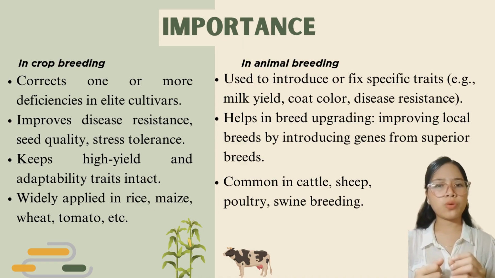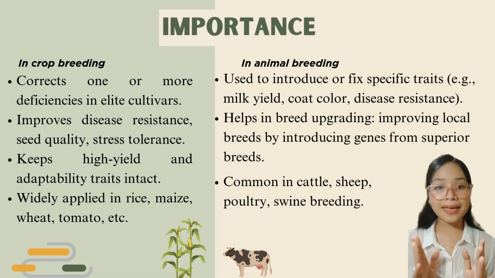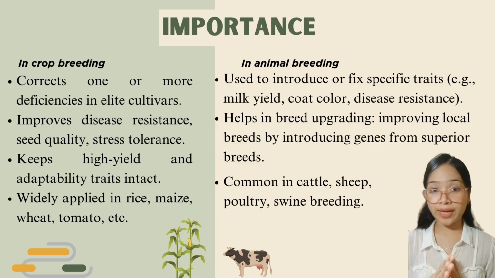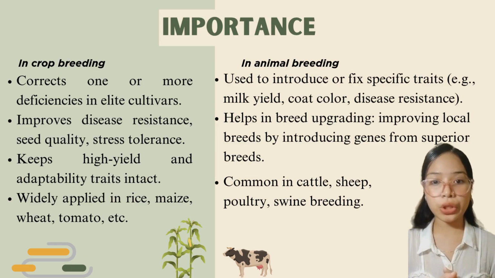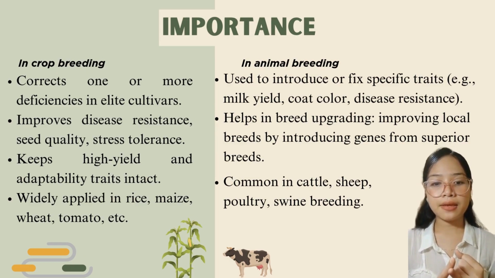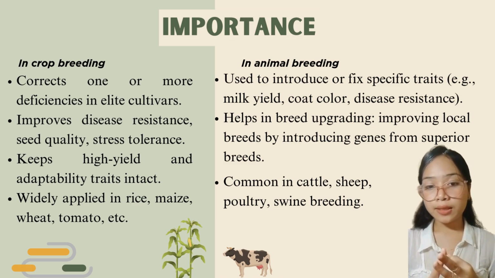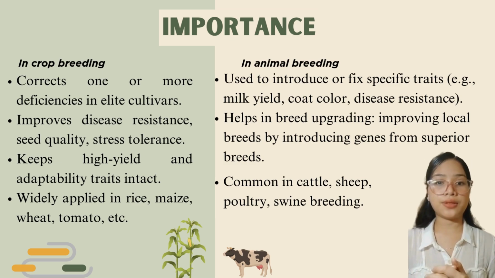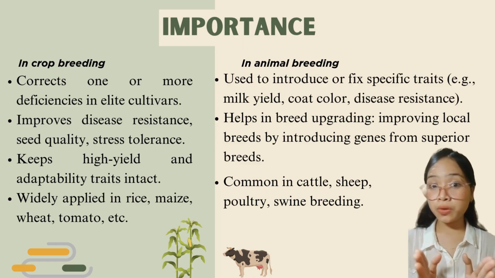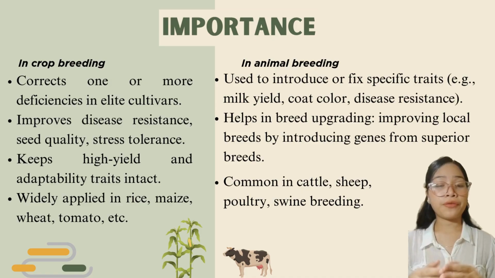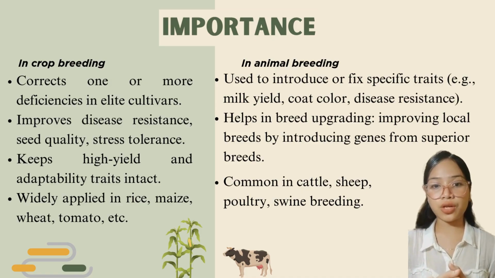What makes it valuable is that it keeps high yield and adaptability traits intact while introducing the needed improvement. Because of that, it has been widely applied in major crops like rice, maize or corn, wheat, tomato, and many others.